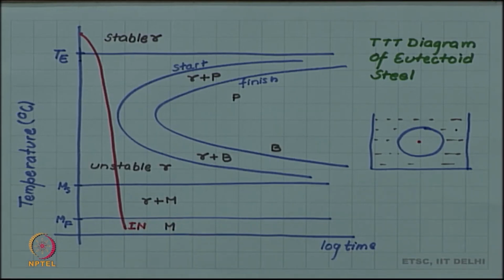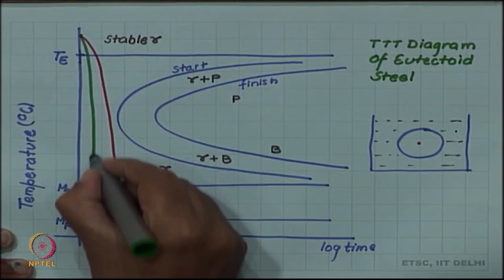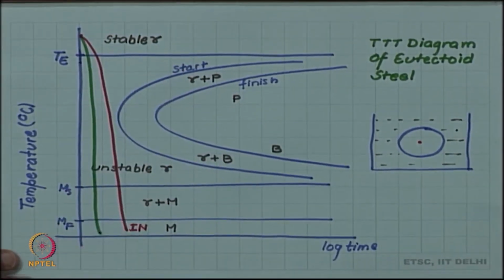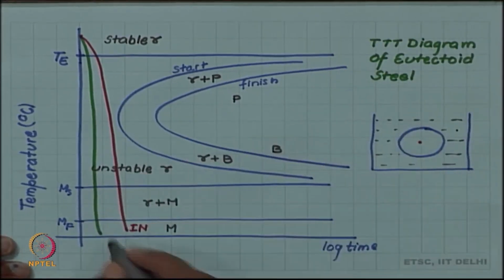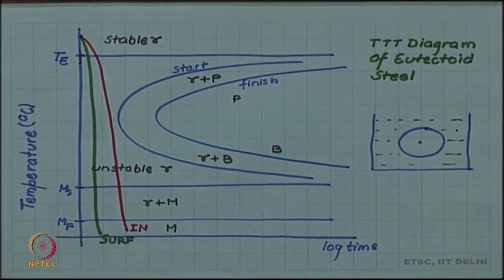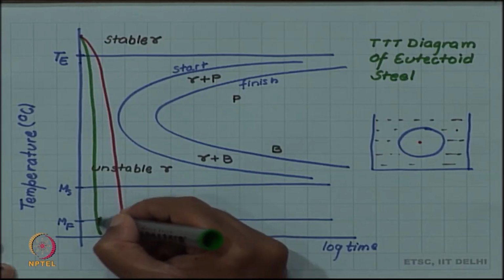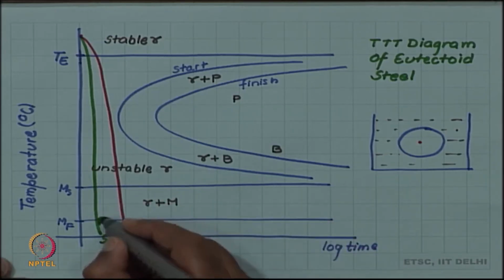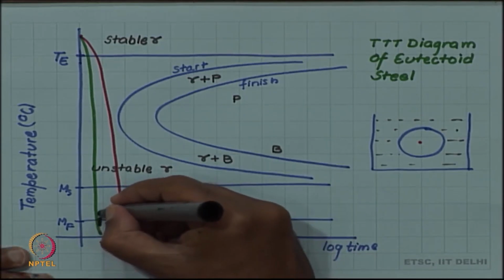And let me draw another curve with a faster cooling rate, which is indicating the cooling rate at the surface. Now, you can see that when the surface crosses martensite start and martensite finish at this temperature, at this time, the inside is still warm.